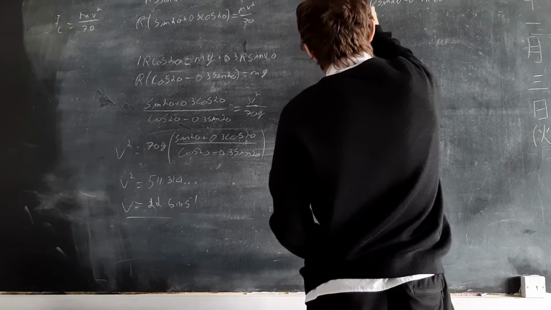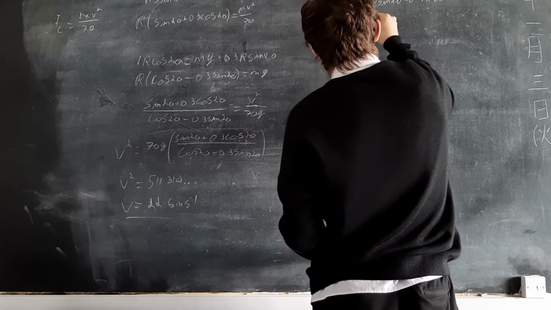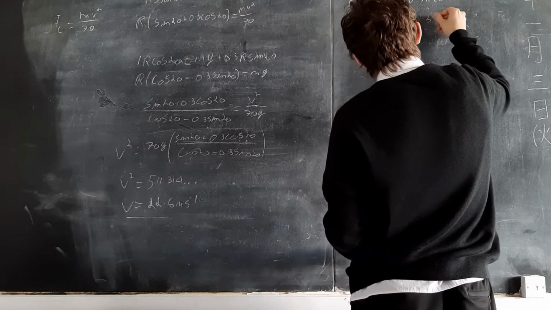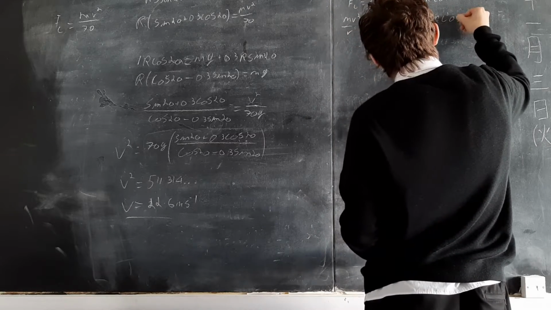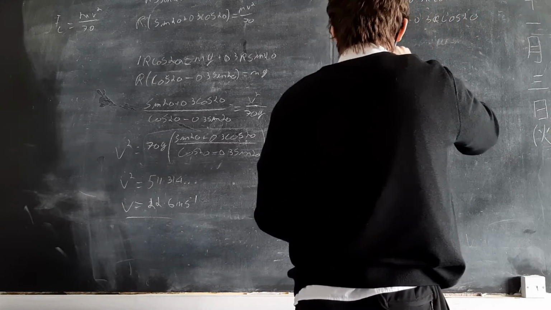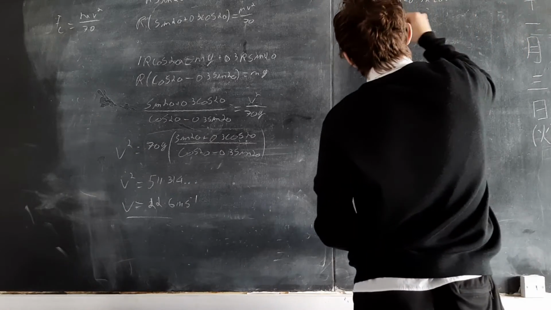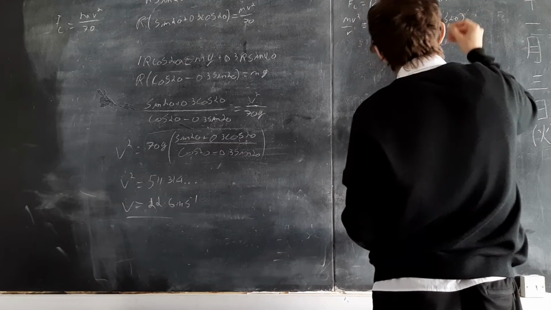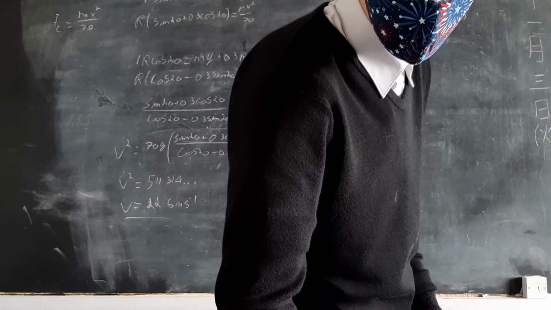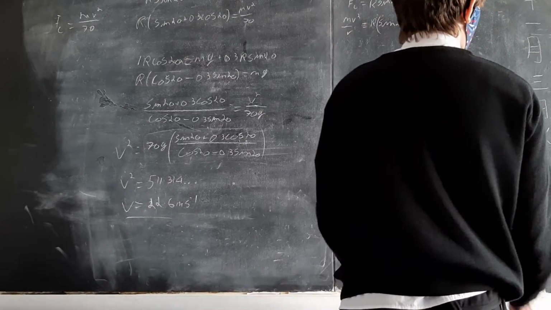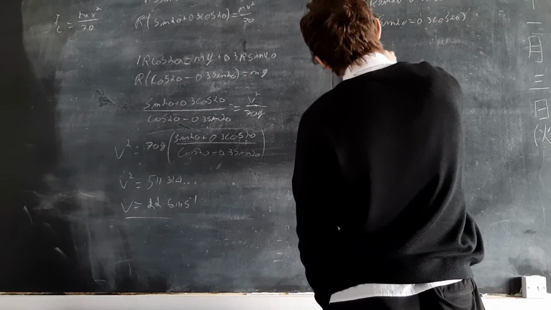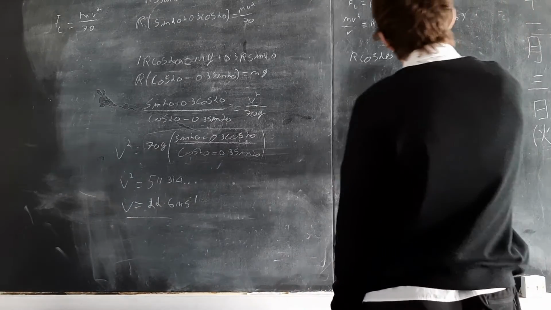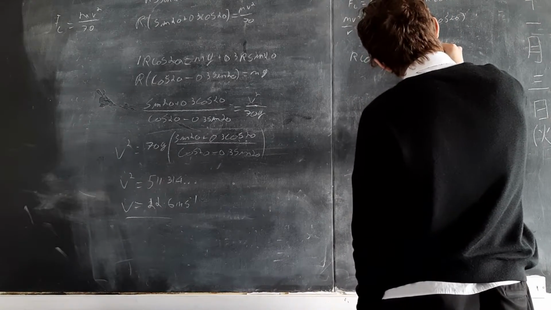Substitute in again with the mv squared over r is equal to R sine. And then we do the vertical again. R cos 20. And this is adding this time.